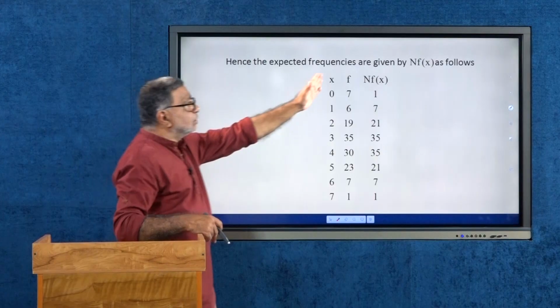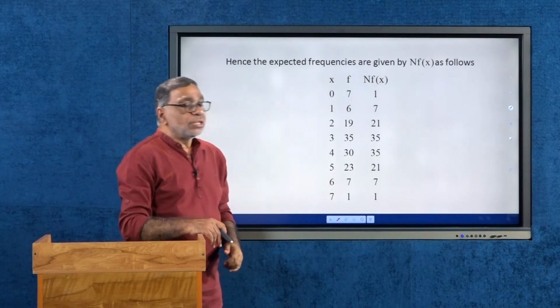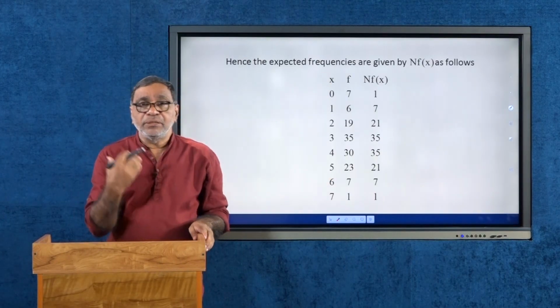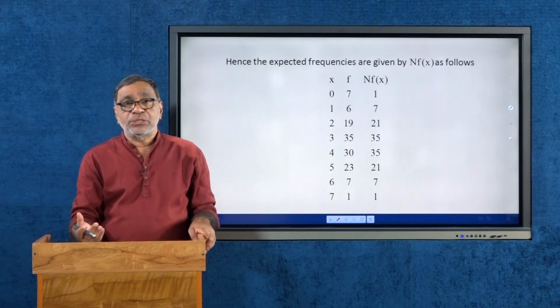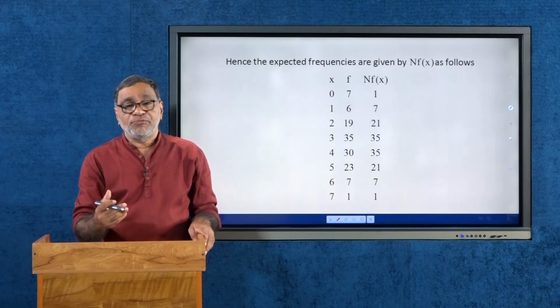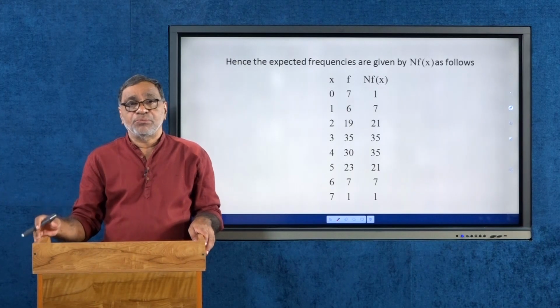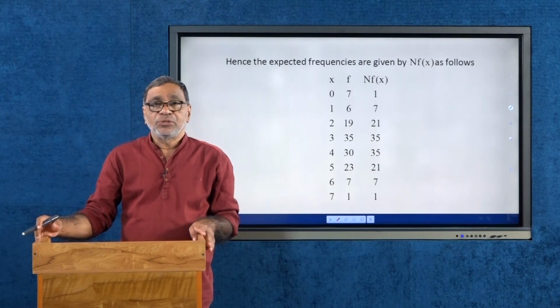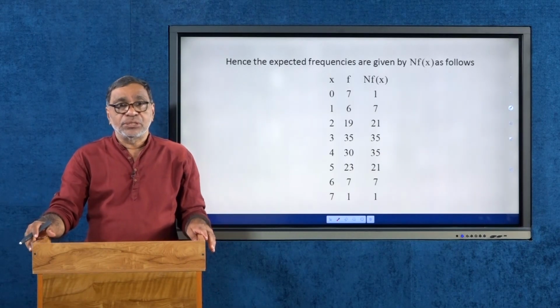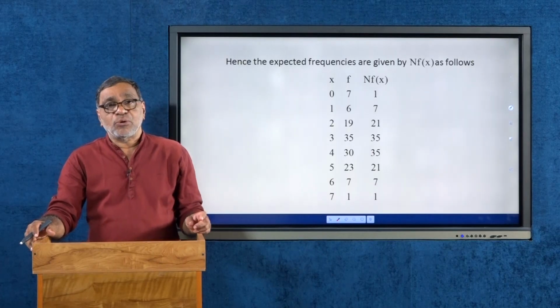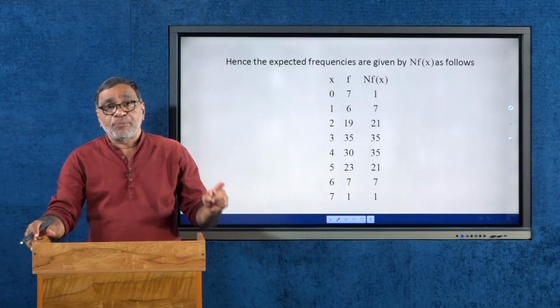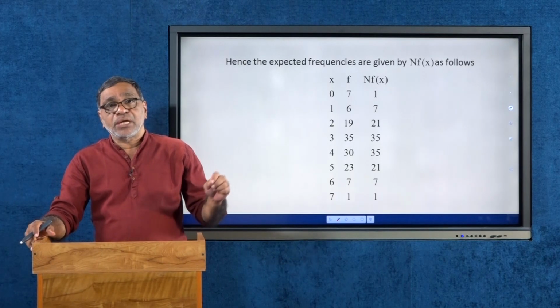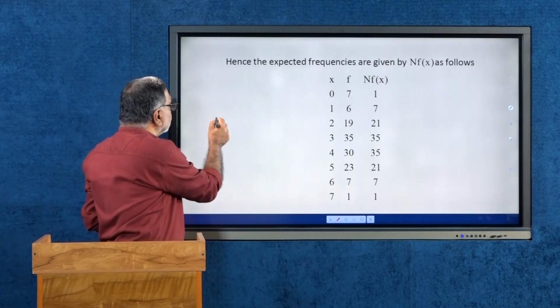These are the observed frequencies, and you are finding the expected frequencies if the distribution is binomial. The expected frequencies are obtained by multiplying the corresponding probability values by capital N equal to 128.